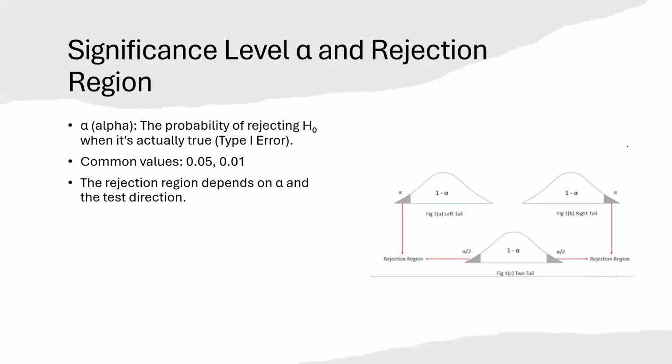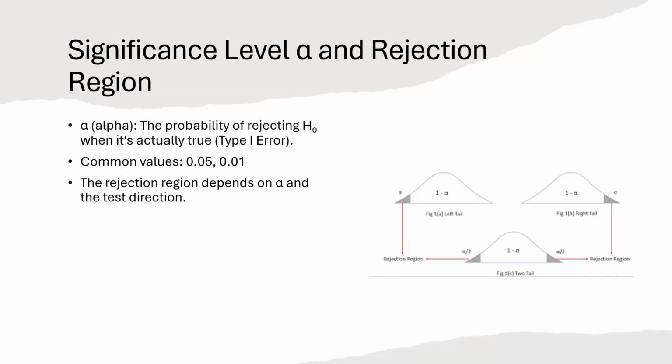Now let's talk about a critical concept in hypothesis testing, the significance level, which we symbolize using the Greek letter alpha. So what is alpha? It represents the probability of making a type 1 error, that is, rejecting the null hypothesis when it's actually true. In plain terms, you're saying something has changed when it actually hasn't.